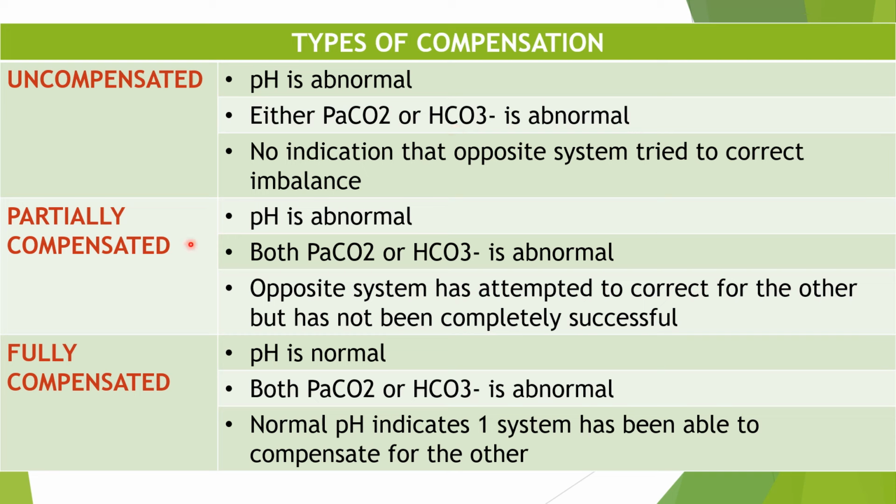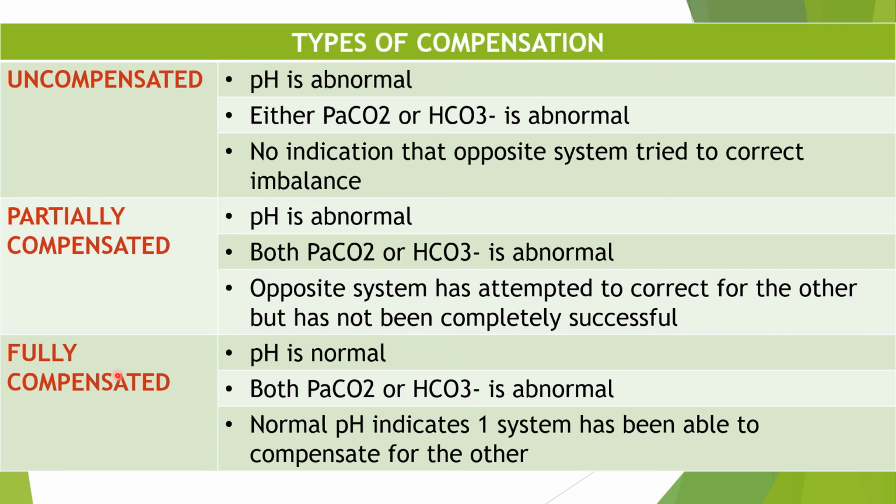Partially compensated means pH is abnormal. This is what happened in our question. pH is abnormal, and both bicarbonate and PaCO2 were abnormal. The opposite system has attempted to correct for either but has not been completely successful. It becomes completely successful when pH becomes normal.